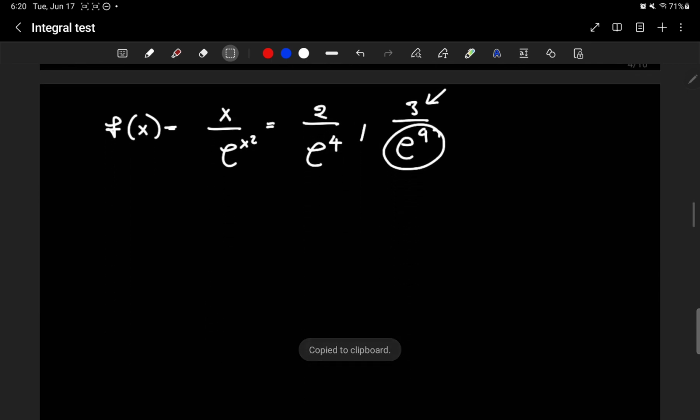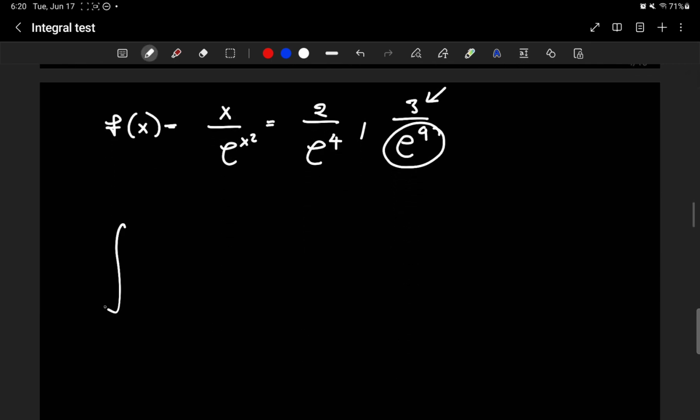So how is the test going to now come out? Of course, we're going to get the integral from 0 to infinity of x e to the minus x squared dx.